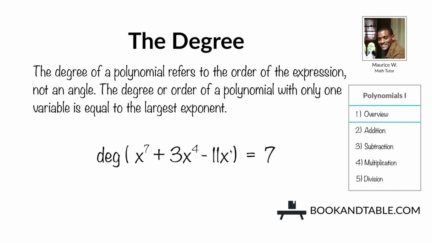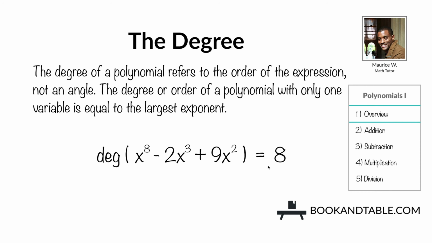This variable has an exponent of 1, this variable has an exponent of 4, and this variable has an exponent of 7, and the degree or order of a polynomial with only one variable is equal to the largest exponent. So we only have x in this polynomial, and the largest exponent is equal to 7. So the degree of the polynomial is equal to 7.